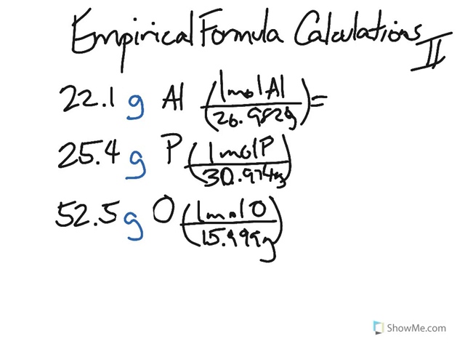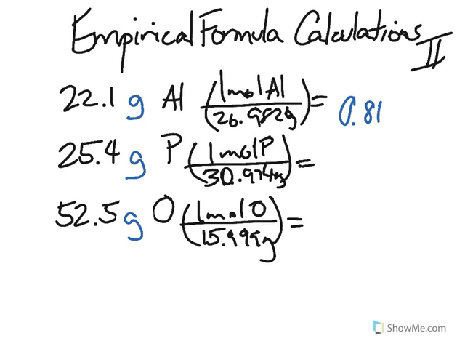Okay, so now that we've figured this out, let's do our mole calculations. We're not really concerned about significant figures again, since for the chemical formula we want whole numbers as the subscripts. So let's just write out about 3 significant figures for this.